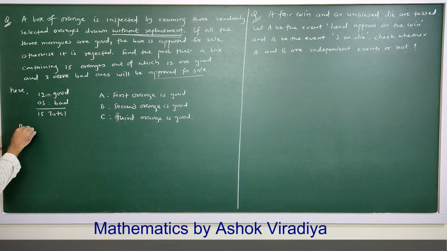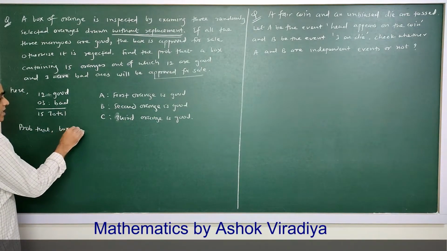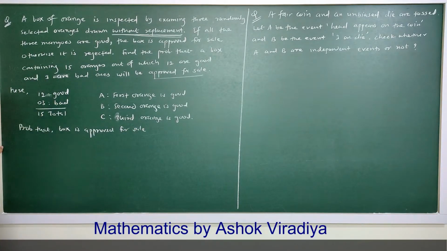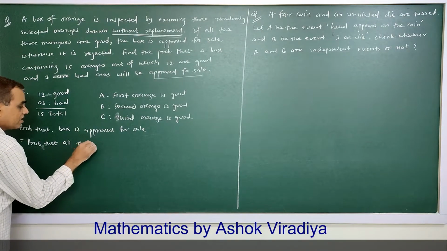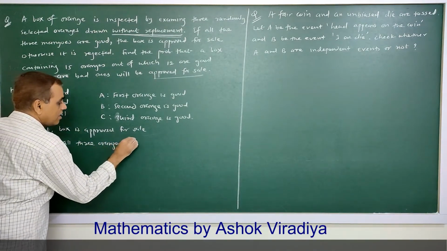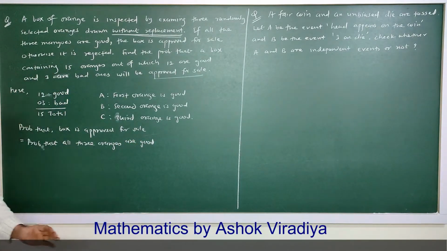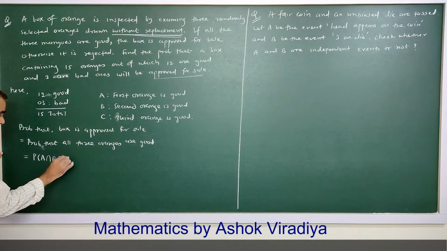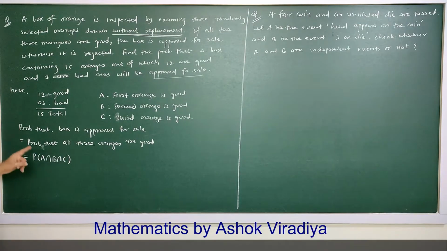So the probability that the box is approved for sale is equal to the probability that all 3 oranges are good, taken without replacement, one by one. So it is equal to the probability of A intersection B intersection C. That means the first orange is good, the second orange is good, the third orange is good.